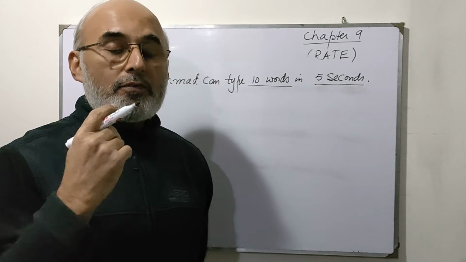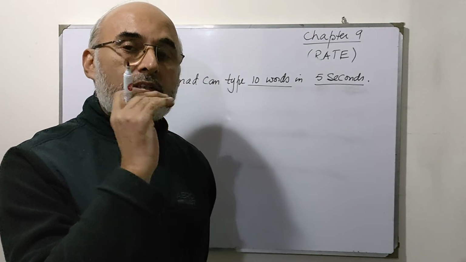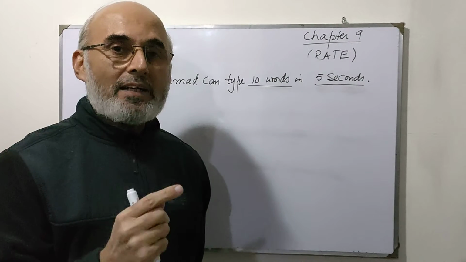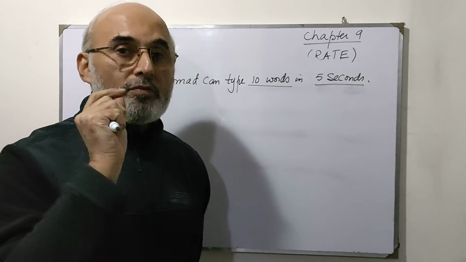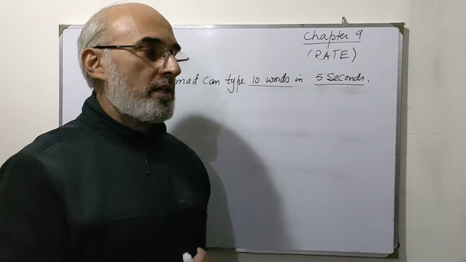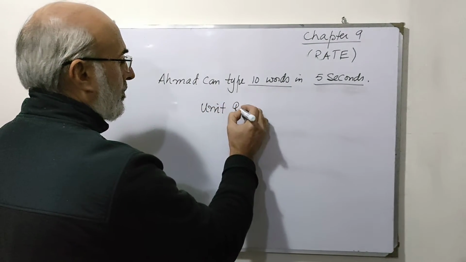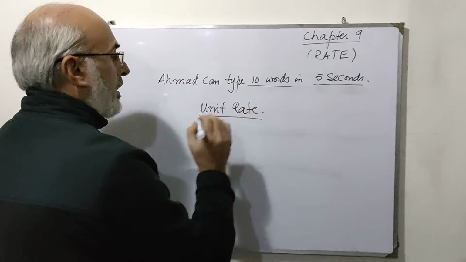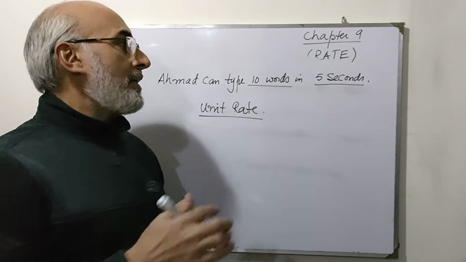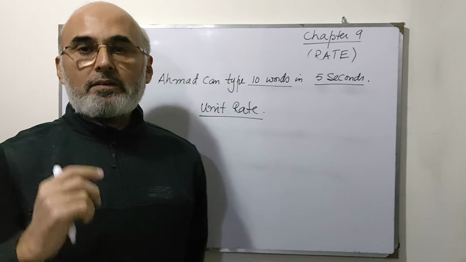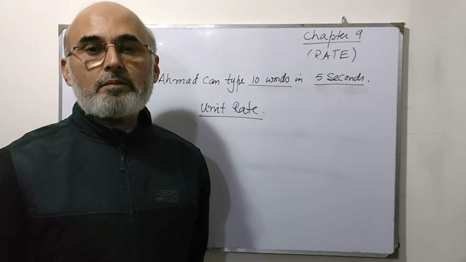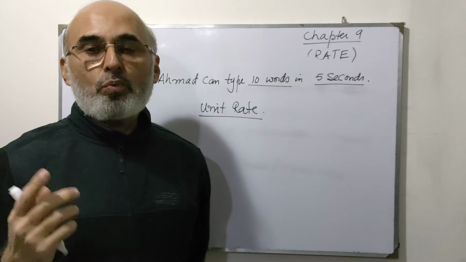But if we are interested in rate, there is one more thing. We are always interested in unit rate. By unit rate we mean that in rate we are comparing two things, and one term has to be 1.